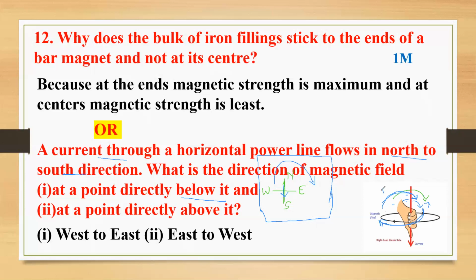This is the first case, which is going into the page or below the plane, and this is the second case. When you are wrapping, we are bringing the fingers out of the plane. Both cases you try to understand both cases.